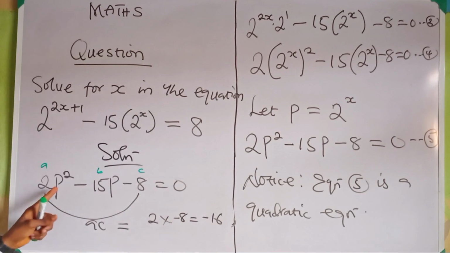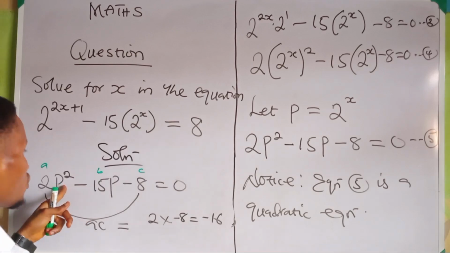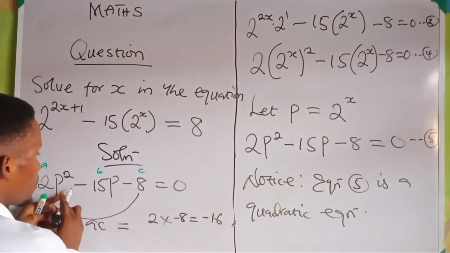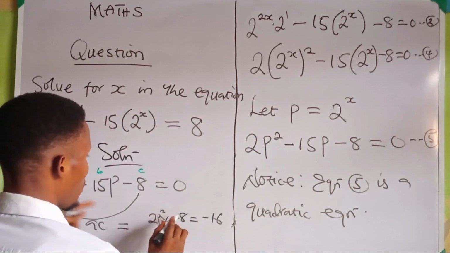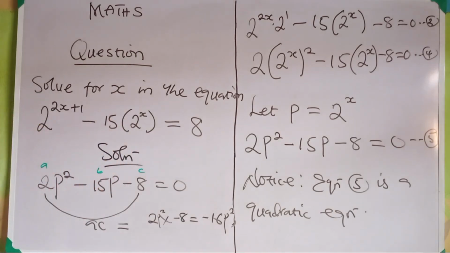But the unknown here is p squared, so it will give us minus 16p squared.